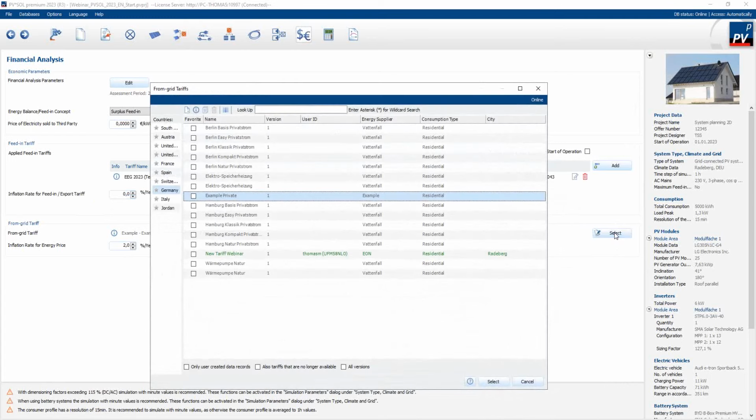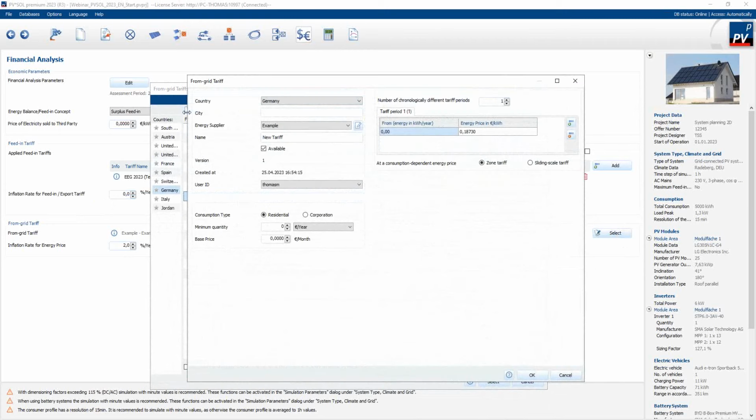Okay, then we have the tariff we pay to the power company. Click here on select, and in most cases you have to define it yourself, because every customer has their own tariff, and it works similar to the feed-in tariff. Create a new one, select the country, the city can be entered, and then you can select the energy supplier.